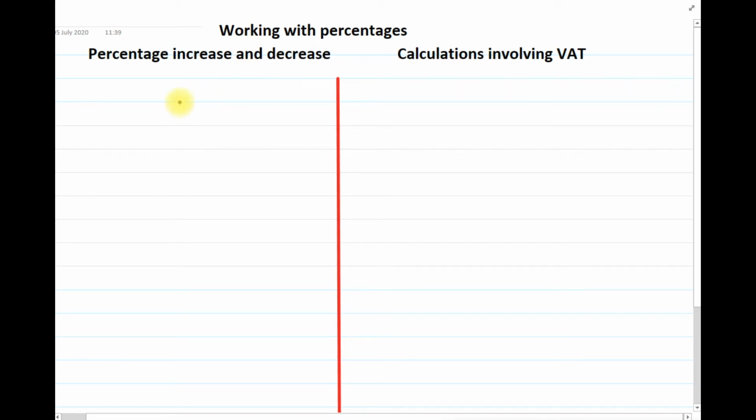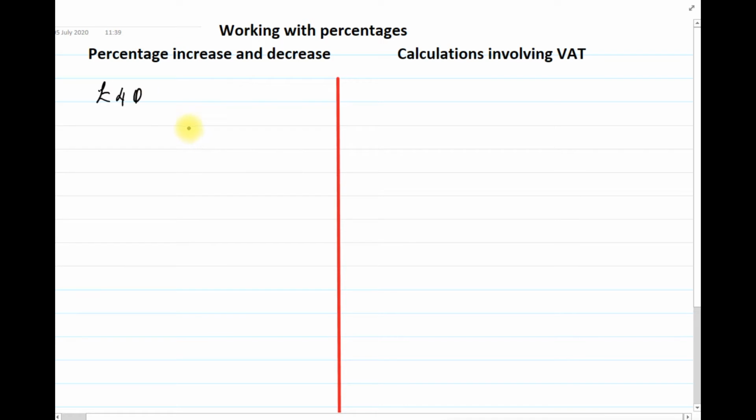Now in this section I will deal with a few examples of increasing or decreasing prices by a percentage, and also look at how we work out VAT in terms of prices, etc. To reduce a price, supposing we are given an item in a shop, the price is £40.